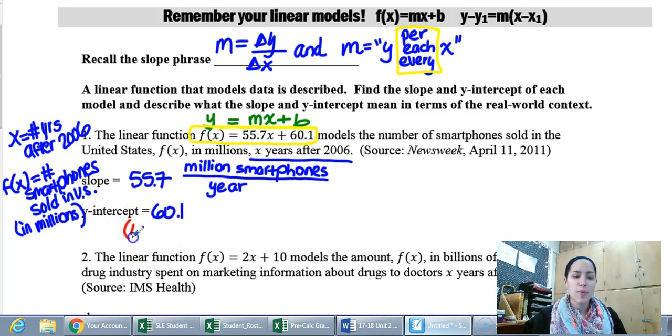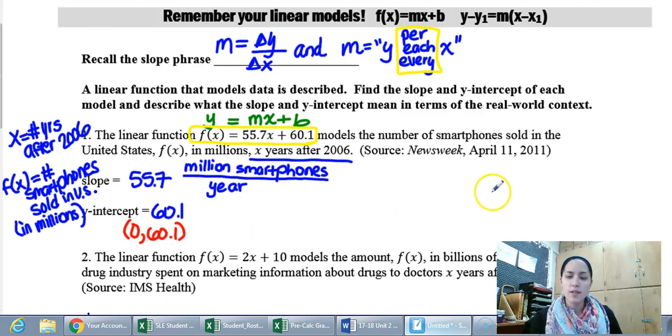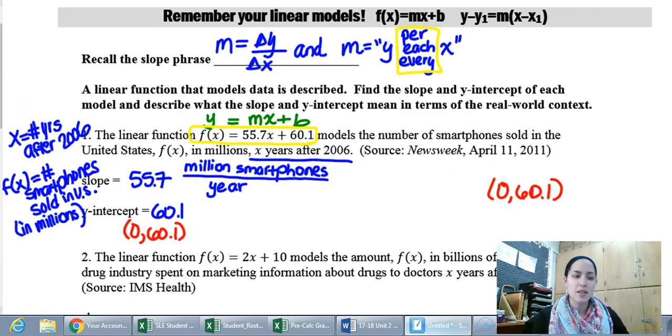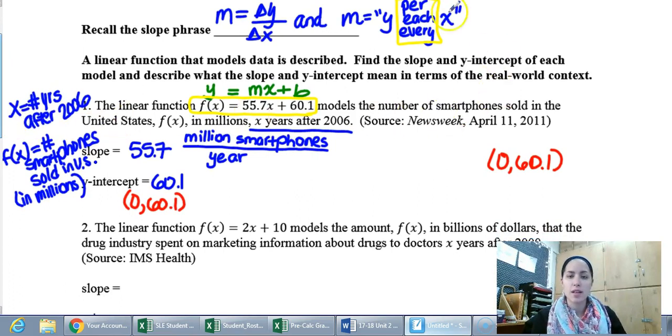If I were to write this as an ordered pair, that would be 0, 60.1. So off to the side, let's break down what this would mean if I were to put some labels on these values. I know that x is years after 2006. So 0 years, think about that, 0 years after 2006 means 2006.